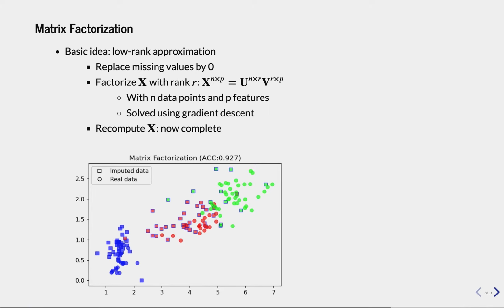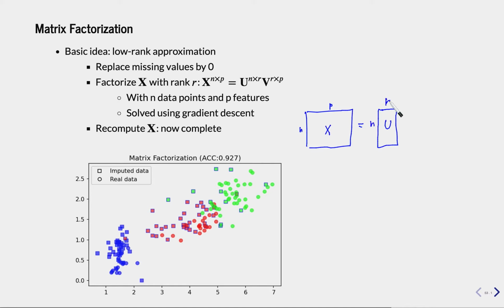Another technique that's often used, is a bit slower, is matrix factorization. So what you do there is you take your data X, as this is an n by p matrix, right? N rows, p features, and you compute what's called factorization. So you have a matrix U, which has n rows and r columns.